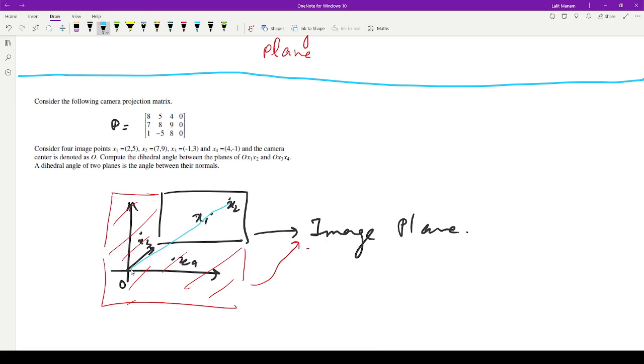So this is similar to one of the questions that we did earlier. And X3, X4 is another line, and this is another plane. So dihedral angle means what? So we have a normal to this plane, and we have a normal from these two points.